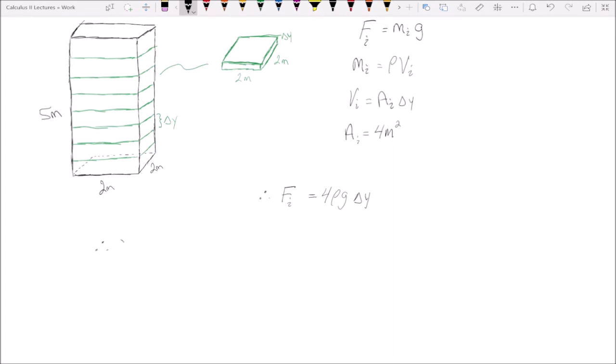Thus, our work can be approximated as the sum, i equals 1 to n, of 4 rho g delta y times y sub i, right, because the distance we're traveling is y sub i.